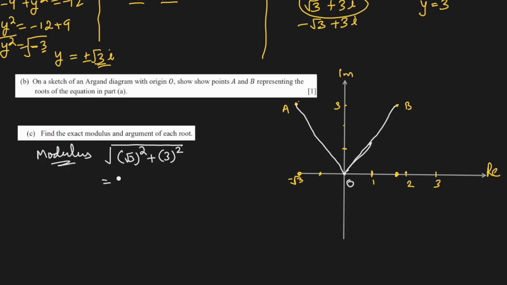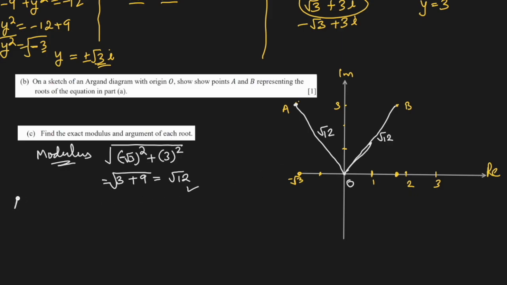So it is 3 plus 9, square root 12, and for A it will be negative square root 3 square plus 3 square, which is exactly the same. So square root 12 is the exact modulus of each root.